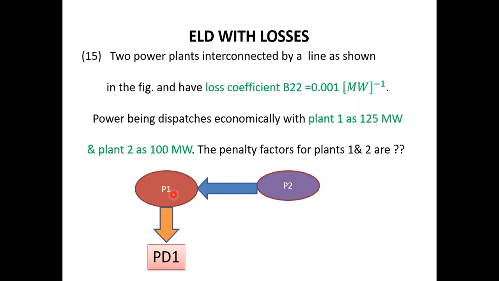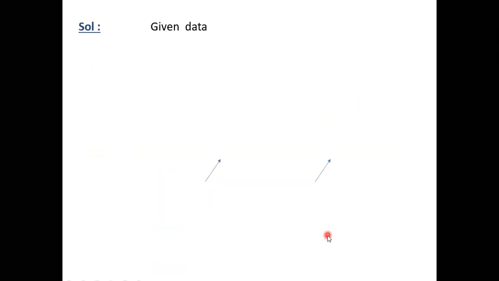So once there is no transmission line, there is no loss. Once there is no loss, then automatically the penalty factor should become 1. Means when you are considering power plant 1, the penalty factor for power plant 1 should become 1. So we need to find out the penalty factor for power plant 2 only. Okay, so we'll see those terms.